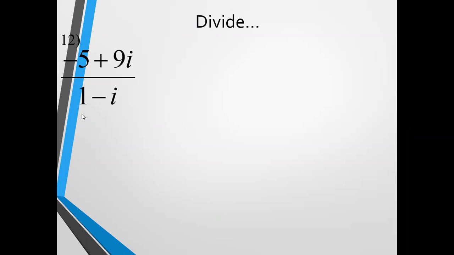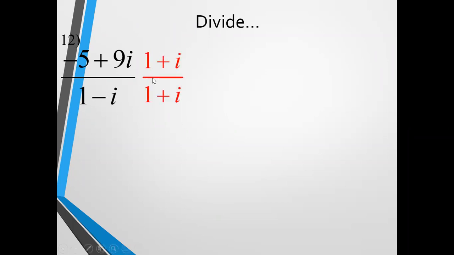In this case, our denominator is 1 minus i. So we are going to multiply both numerator and denominator by 1 plus i. That is the conjugate of the denominator.